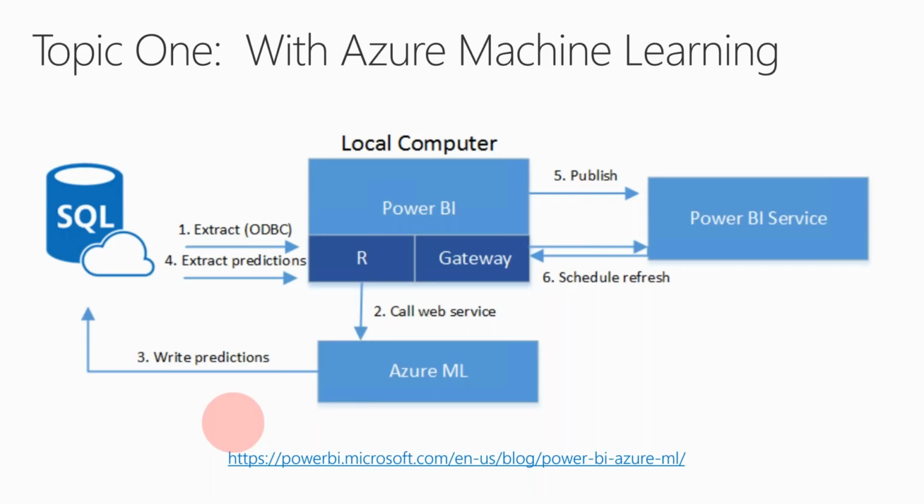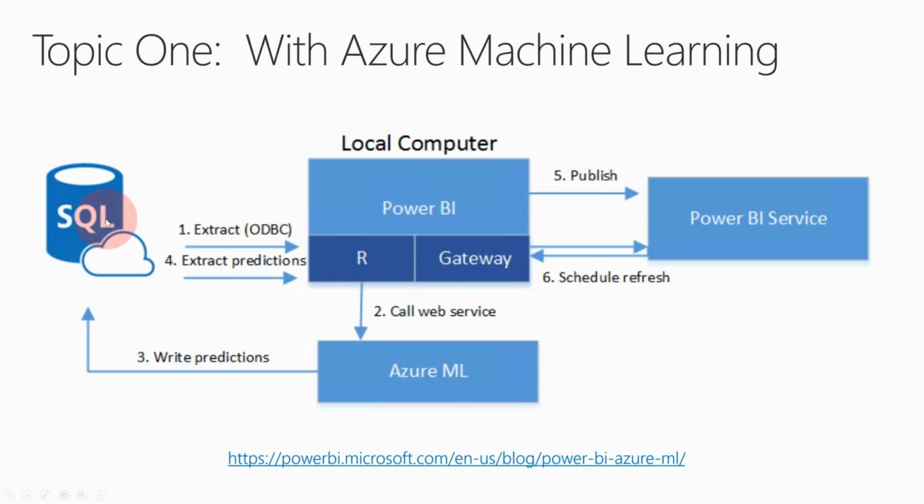I'm just going to walk through the idea here, what happens. Now, a local computer here right in the center is assuming a Power BI desktop client working in the center. And then as you see, R is working here. And then of course we have our gateway technology that allows us to connect on the right side to the Power BI service.